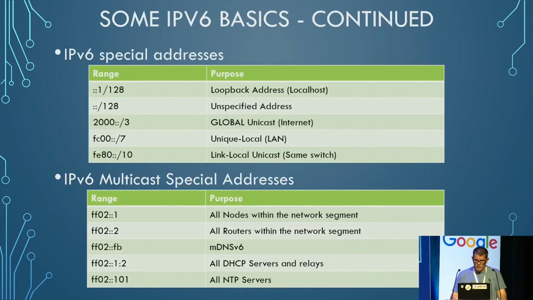IPv6 has several reserved special address ranges, and these are some of the most common ones that you'll see referenced a lot. So ::1/128 is local loopback, ::/128 represents an unspecified address. 2000::/3 is the global unicast address range used for global routing.